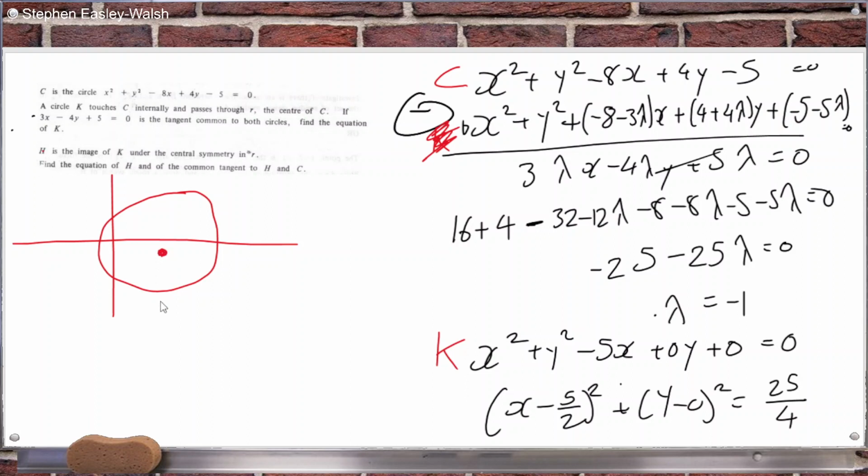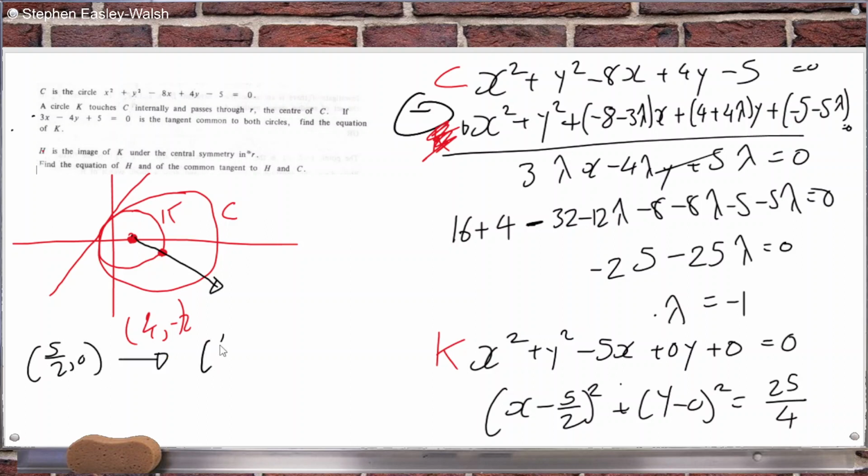The center was like here at (4, -2), and then we have this circle here, and I guess it's sitting something like here with its center at 5/2, and then you have your common chord tangent there, and that is C and that is K, and H is the image of K under central symmetry in OR. So it just is going to get moved across here. Oh, actually, that's not a big deal, because I know what this point is. It's the point (5/2, 0), and that's going to be moved to the point (4, -2).